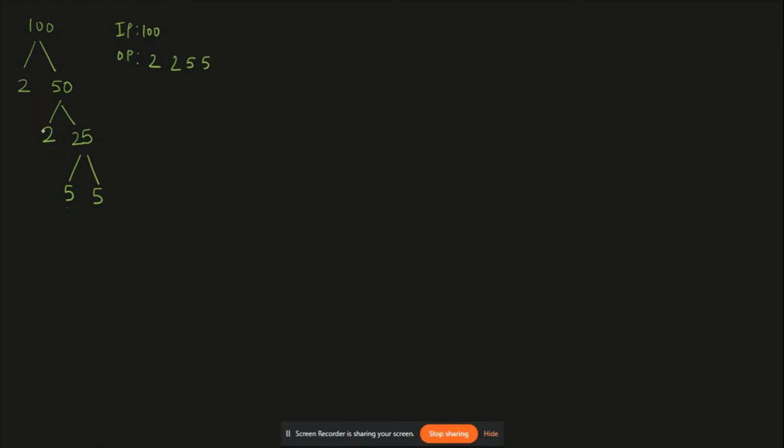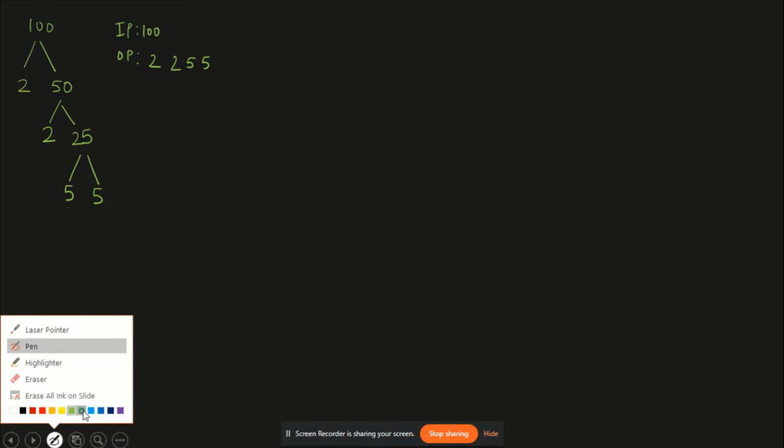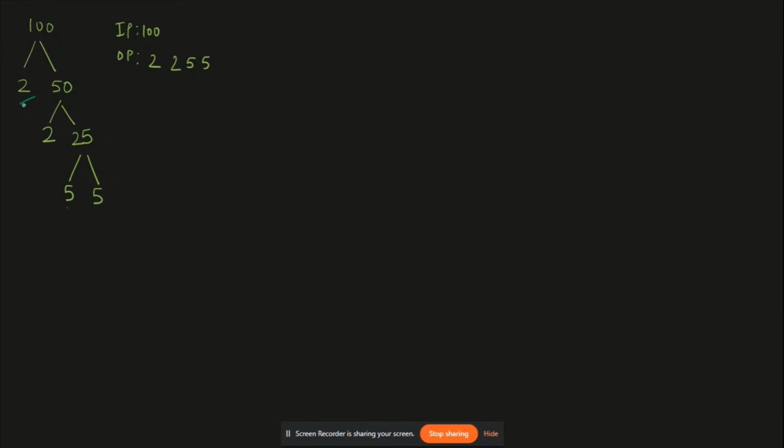If you see the pattern here, what we did is we started from the lowest prime number, that is 2, and we divided by 2 until we got an odd number. If the factor that we got is odd, then we will not be able to divide it further by 2.